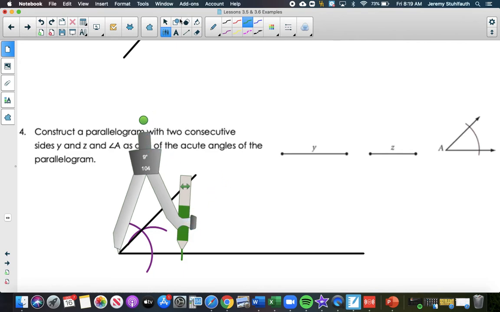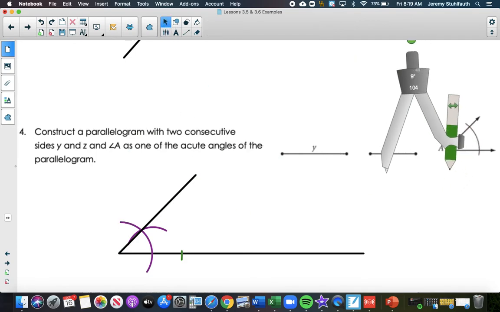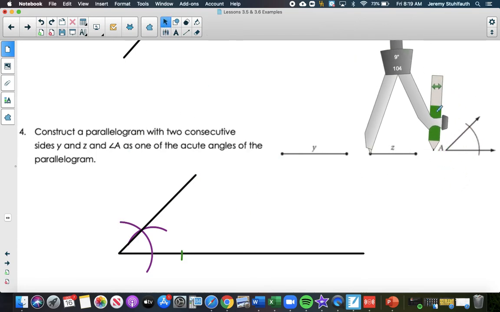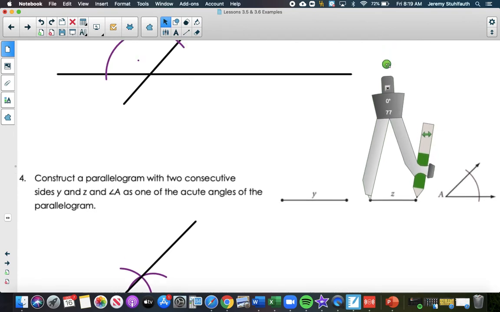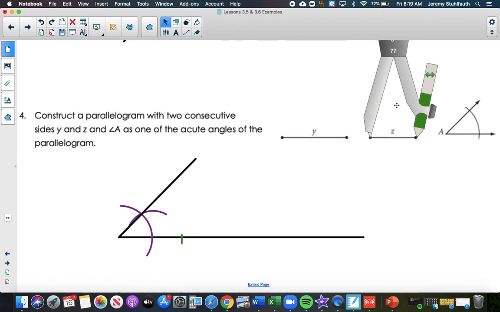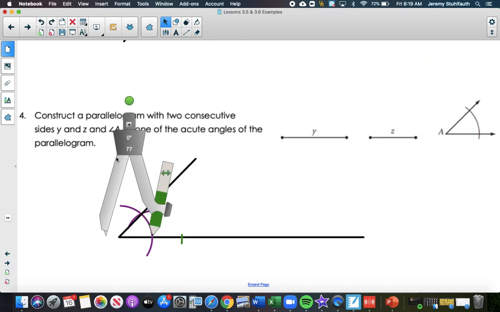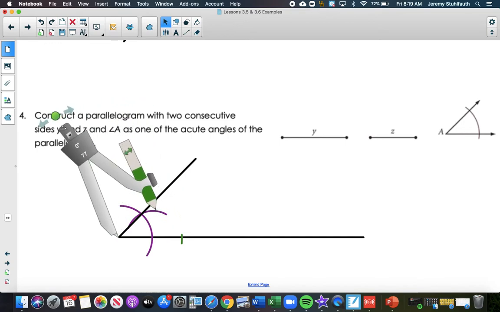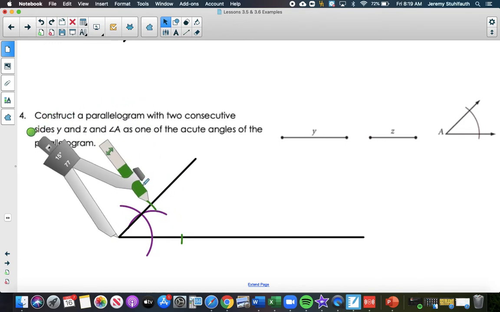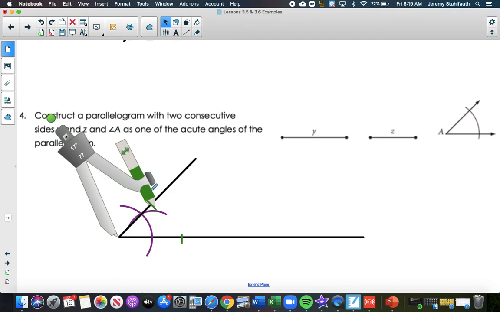Then we need to go ahead and make Z. So Z is going to be on the other side of our parallelogram. So we're going to put the pointy end right here, adjust our compass, and mark where that is on that side.